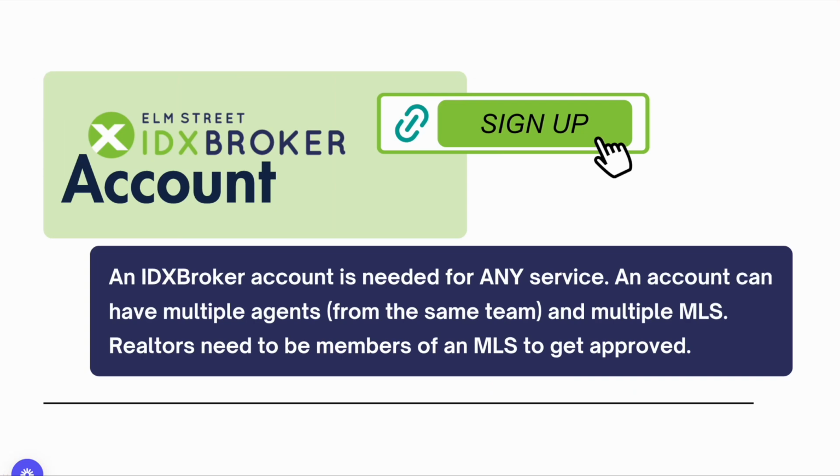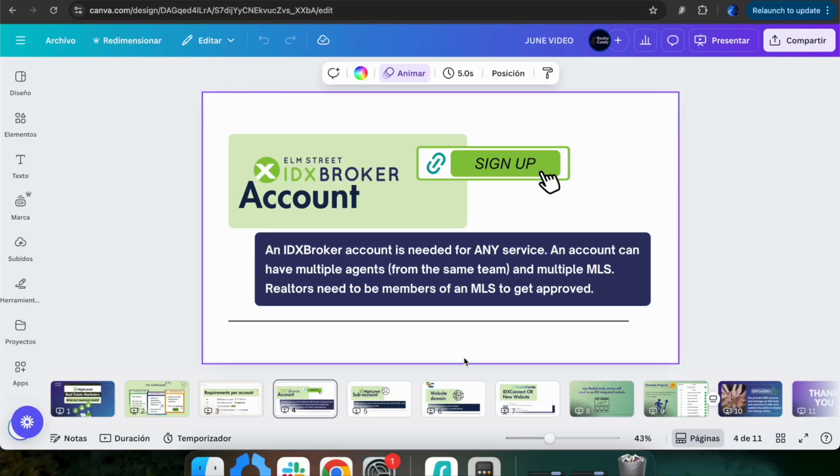Okay, so the IDX Broker account, as mentioned, is a monthly fee and it's needed for any service. An account can have multiple agents, multiple MLSs, and realtors need to be part of the same team in order to be added as an agent for the brokerage. And they need to be members of an MLS to get approved. We're going to take a look at that.